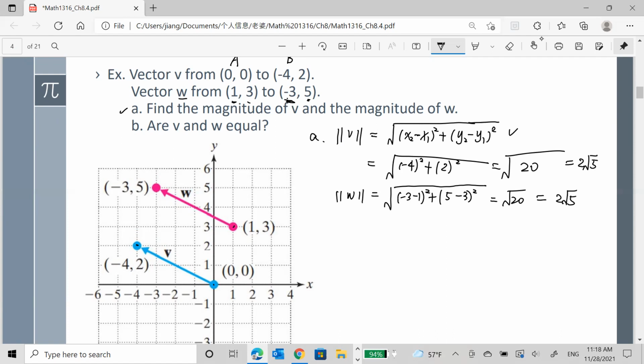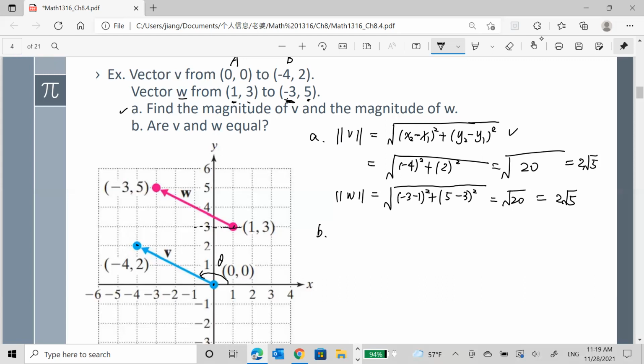How about the direction? Do they have the same direction? Actually, I mentioned it in the previous example: if they have the same magnitude and they are going in the same direction, that means they are the same vector. So for example, for the first vector v from the initial to the terminal point, this is angle theta.